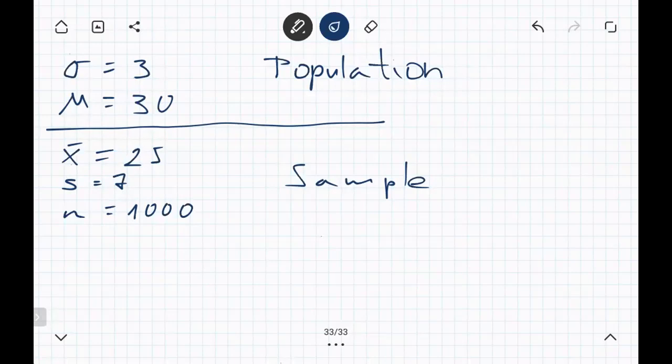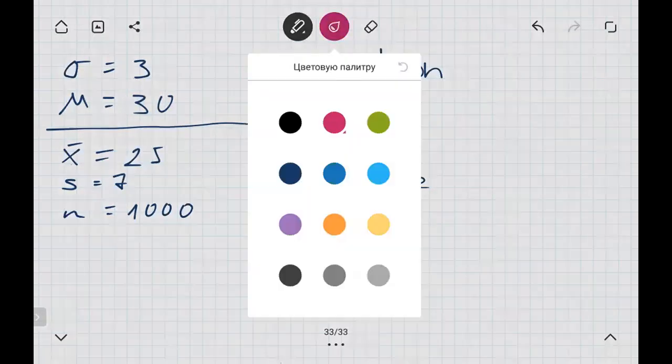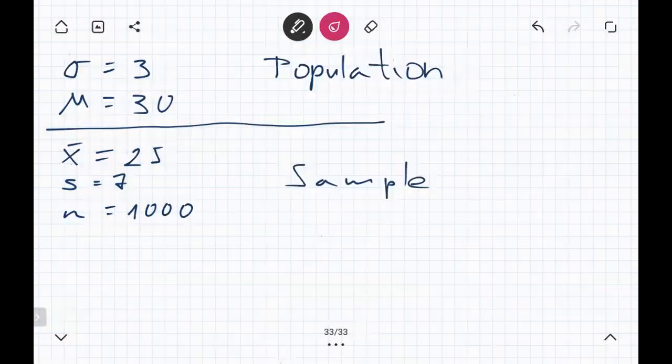As we already said last time, there is a thing called sampling error. When you take a sample from the population, most of the time statistics for that sample won't be exactly the same as population parameters.